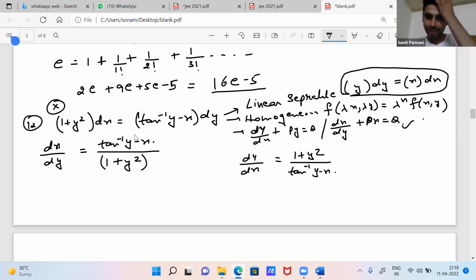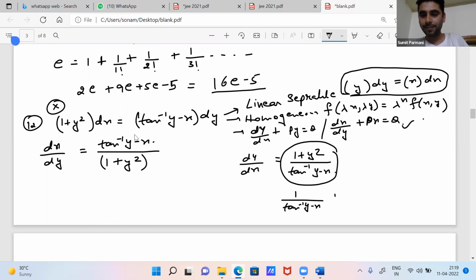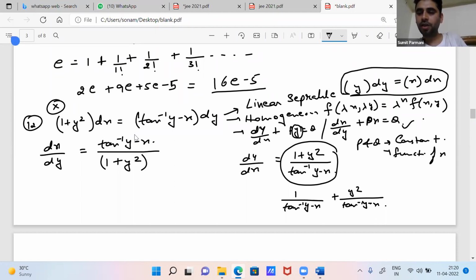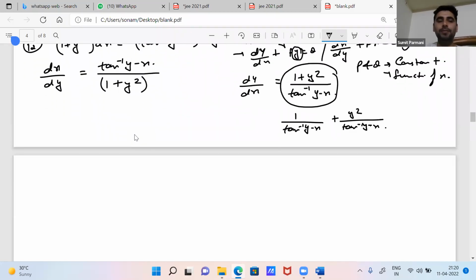If I separate this, it is 1 by tan inverse y minus x plus y square by tan inverse y minus x. Definitely, we are not getting any term in the form of y, because P and Q are either constant or function of x. But if we go through dx by dy, hold on.